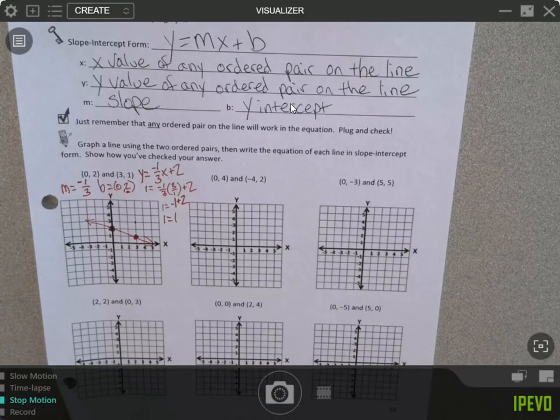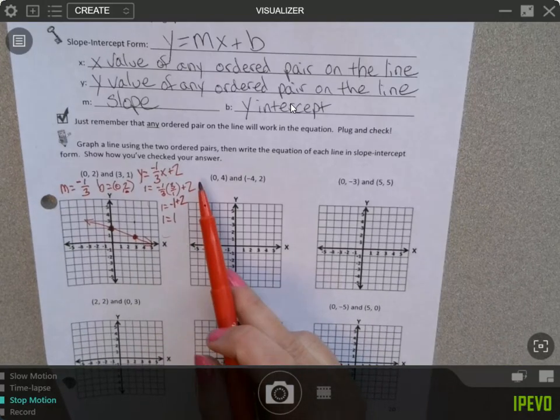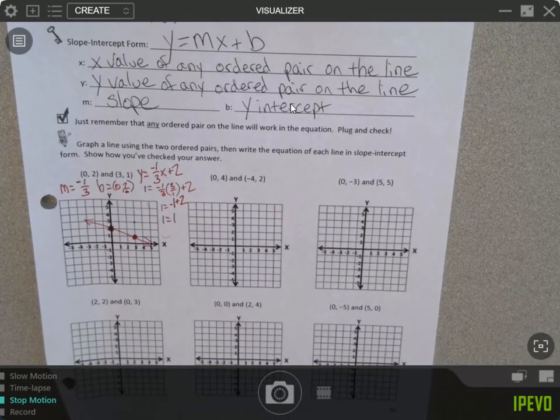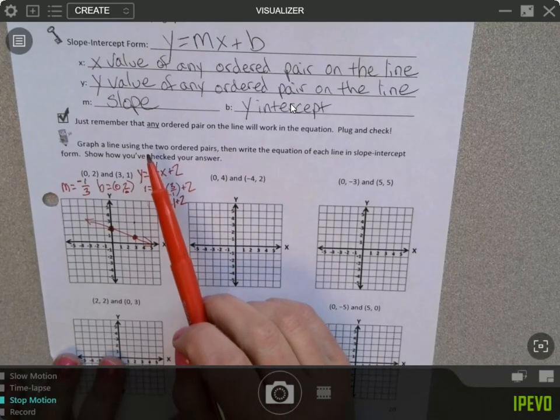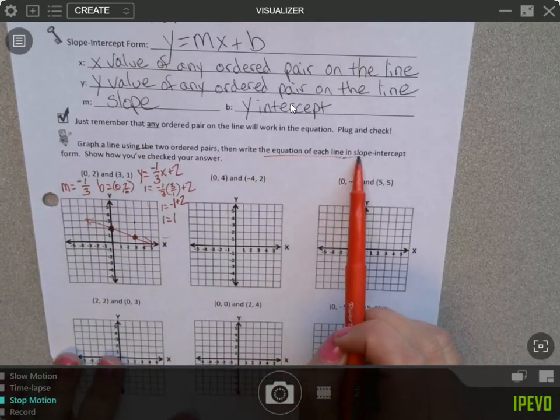All right. So yesterday, we were still figuring out how to check our work. I've gone through it. We explained it. People asked questions. Today, I expect you to show checking your work for every graph that you do. So you're not just drawing a graph saying done. Okay, the directions say graph the line, then write the equation in slope-intercept form.